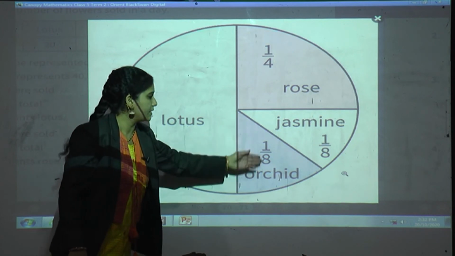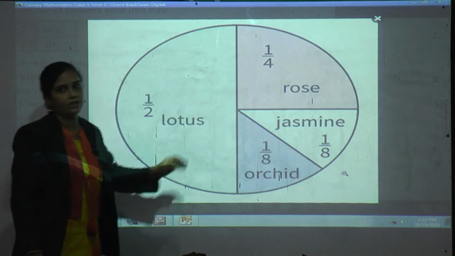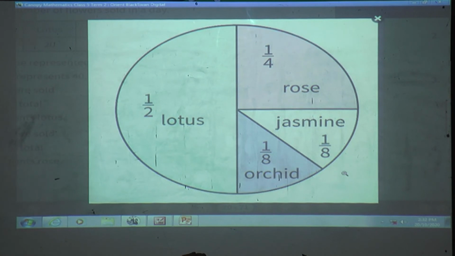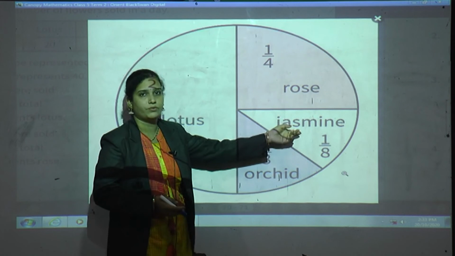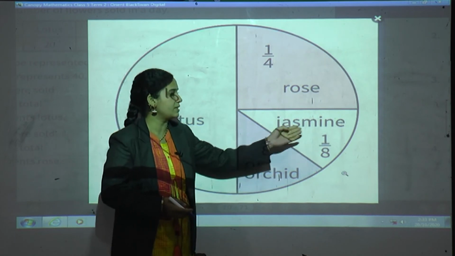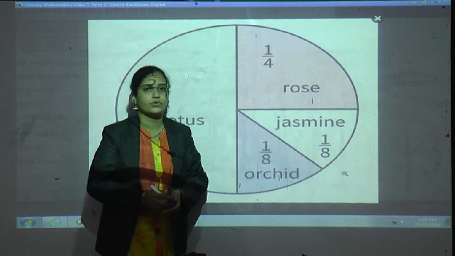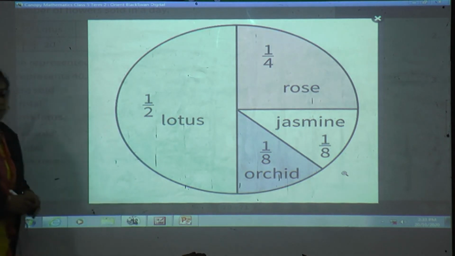So that's why this is showing the orchids sold in one day. Now jasmine. This is also 5 jasmines sold in a day. That means 5 out of 40. So it is equal to 1 upon 8. That means half of a 1/4. So this one is the jasmines sold in one day.